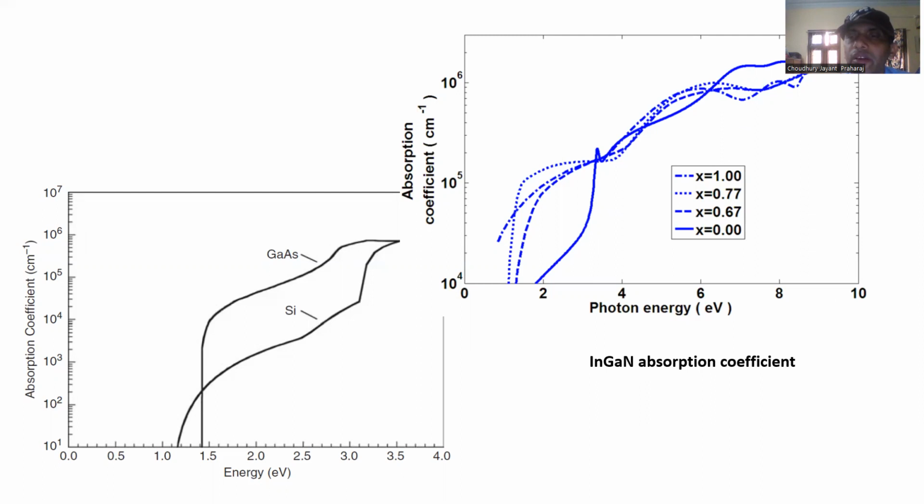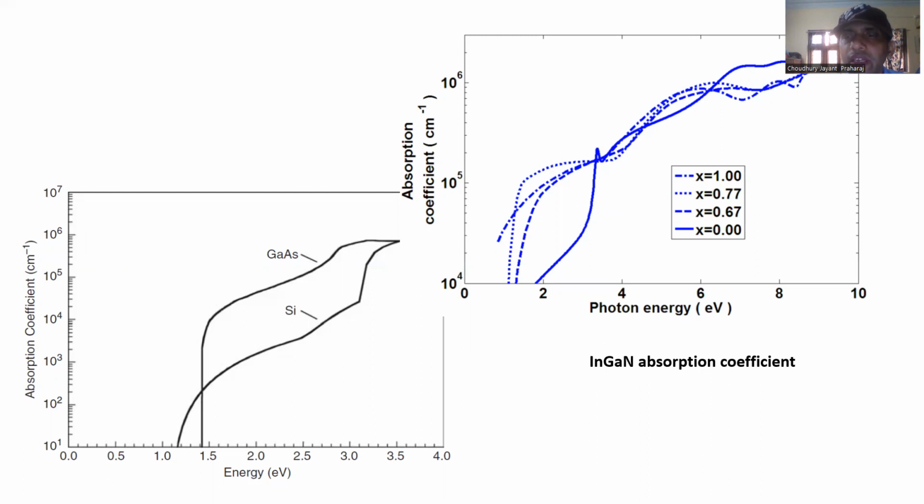And so because of this 150 to 160 millielectron volt binding energy, the ionization percentage of shallow acceptors like magnesium in these materials is very low.